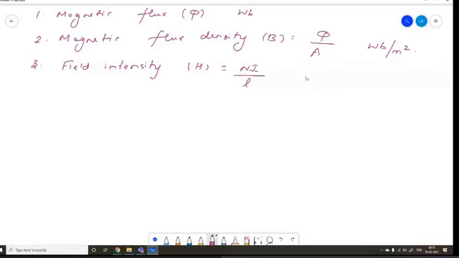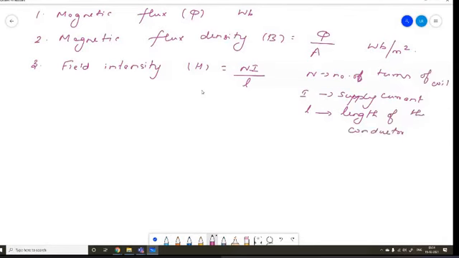N is the number of turns of the coil, and I is the supply current, and L is the length of the conductor. So it's very evident, it's ampere turns per meter. This is the unit.